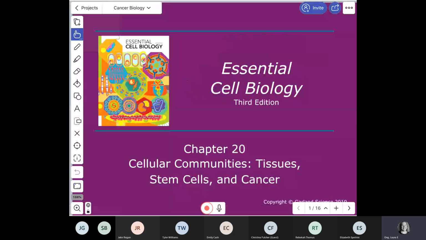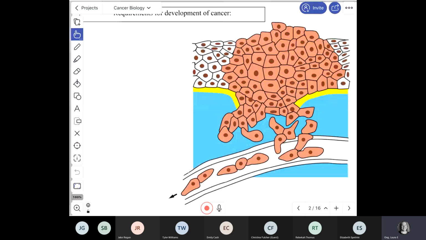So what I want to do with the time that we have to talk about cancer is to talk about some themes of why cancer develops, and then look at a few examples of molecular details that could then apply to a lot of different cancer mechanisms. So there's some slides that we're going to go through quickly and some slides that we will spend a lot of time on.